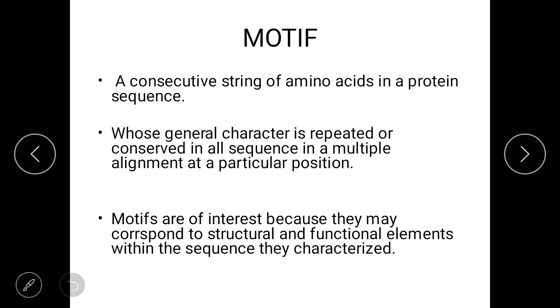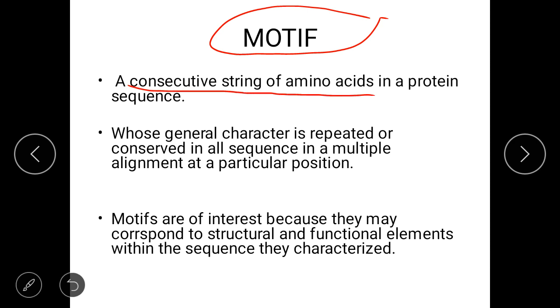So let's discuss what a motif is. I have already discussed that it is a consecutive string of amino acids in a protein sequence whose general character is repeated or conserved in all sequences in a multiple alignment at a particular position. Motifs are of interest because they may correspond to the structural and functional elements within the sequences they characterize.